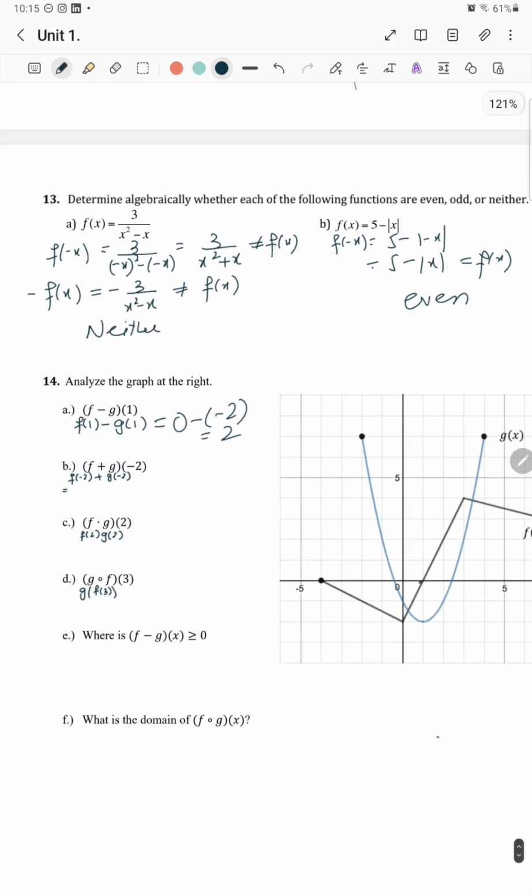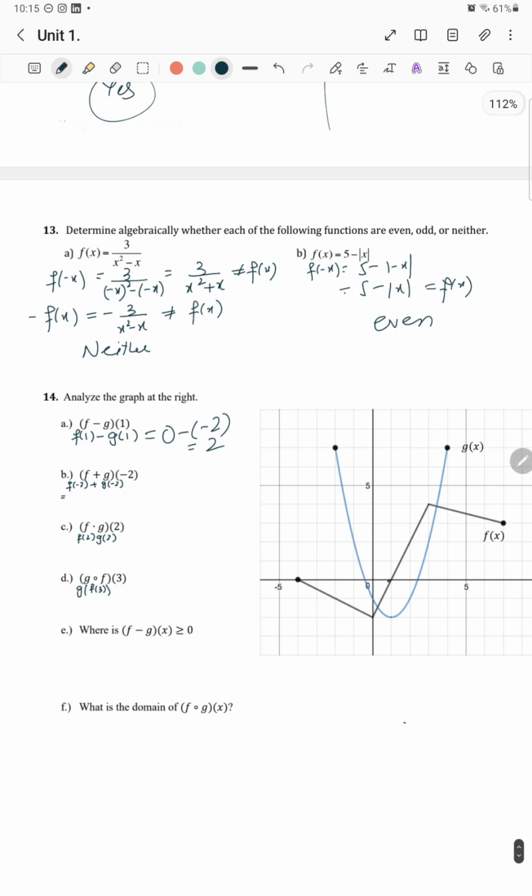F of minus 2 is 0, minus 1. F of minus 2 is at minus 1. G of minus 2 is at minus 2. G of minus 2 is at 7, sorry.